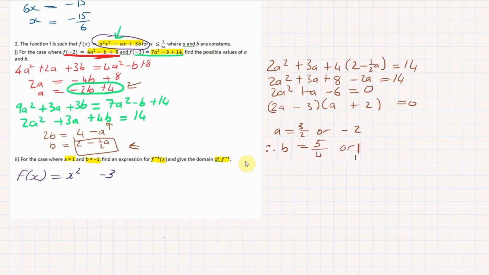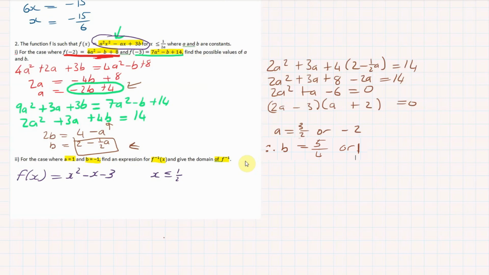My handwriting's getting a bit dodgy here. Minus x, because the a was in front of the x, okay? So minus x. And then minus 3. And then our domain is for x less than or equal to minus 1 over 2a, which is 1 over, in this case, 1 over 2, because a is 1.